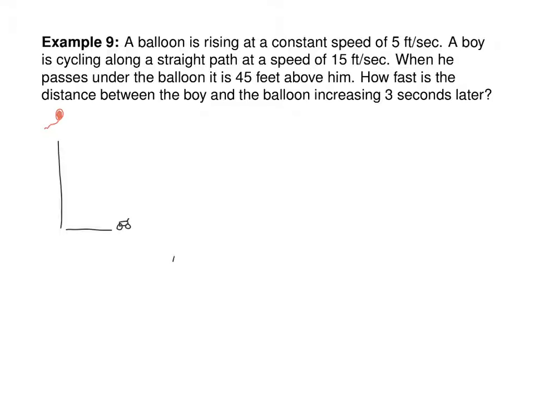So I'm going to call that x. You know that the balloon was, well, we can call this whole distance y. When they say distance, they mean straight line. So that's the z. Is that okay?